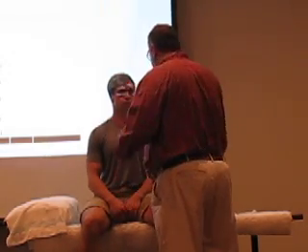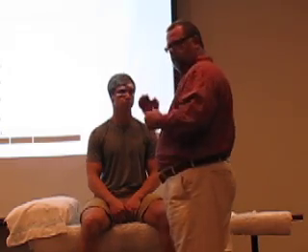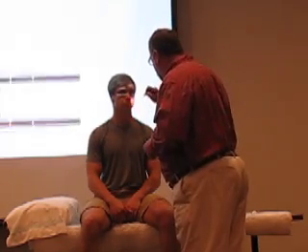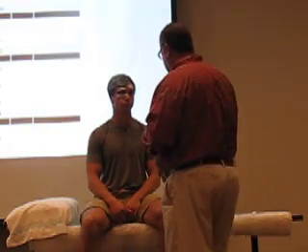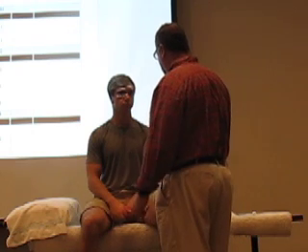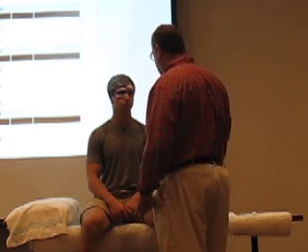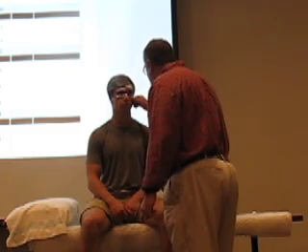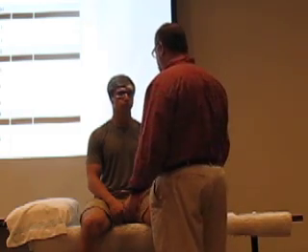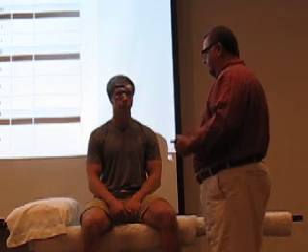They do constrict to light, and they're consensual, so if I shine it in the left eye, the right eye constricts as well. Okay, and again, his eyes are green, the sclera is white, the conjunctiva is pink and moist, there's no drainage or anything like that.